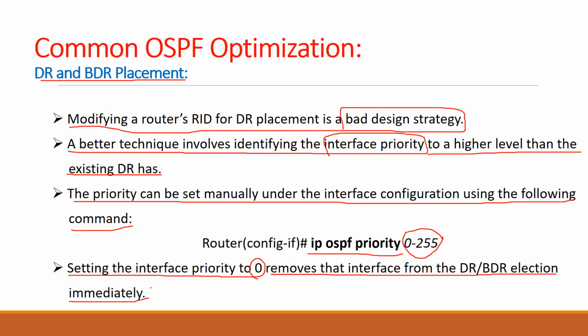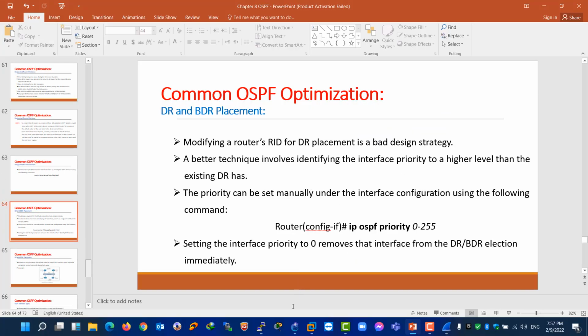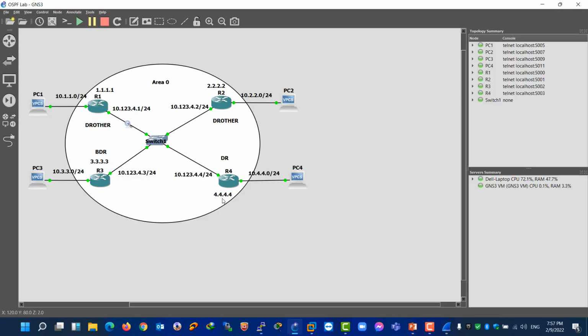So let's go to our GNS lab. Here we have router number 4 as the DR and router number 3 as BDR, and router number 1 and router number 2 are DR others.